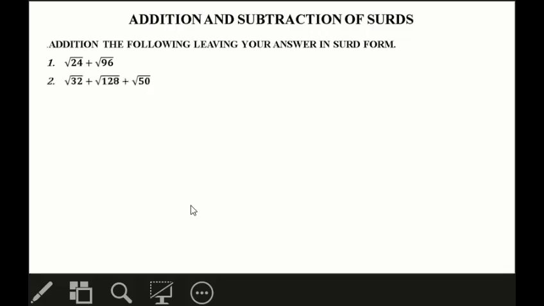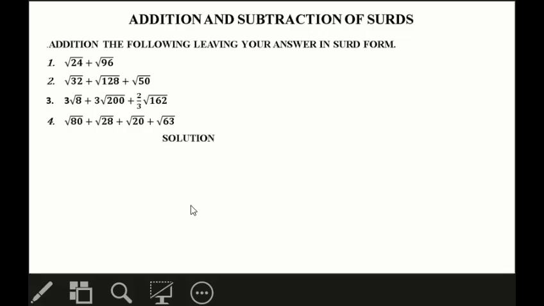Question number 2, which is root of 32 plus root of 128 plus root of 50. 3, we have 3 root 8 plus 3 root 200 plus 2 over 3 root 162. Then we have the root of 80 plus the root of 28 plus the root of 20 plus the root of 63.